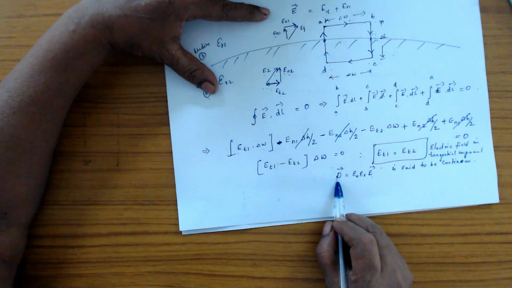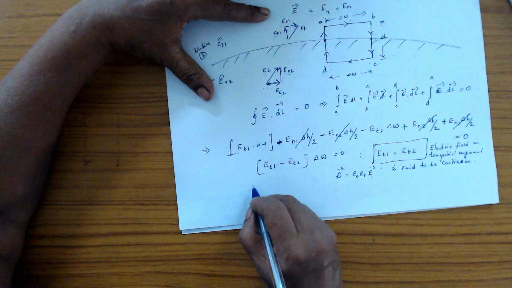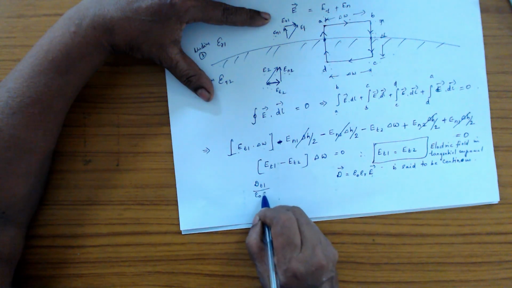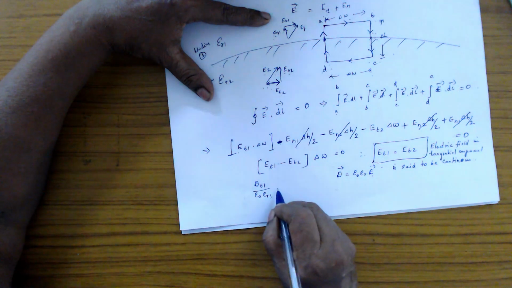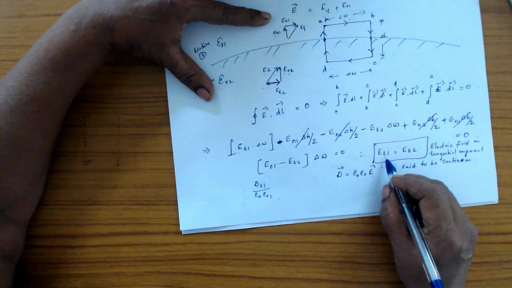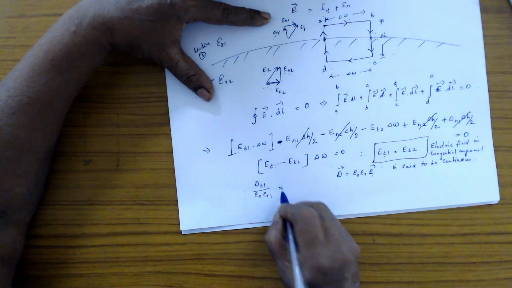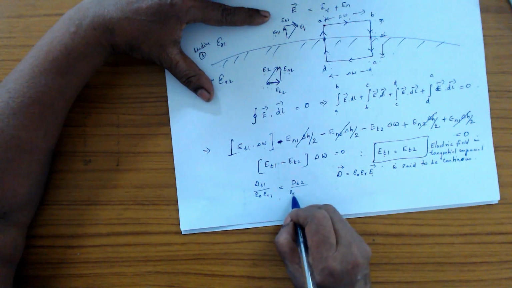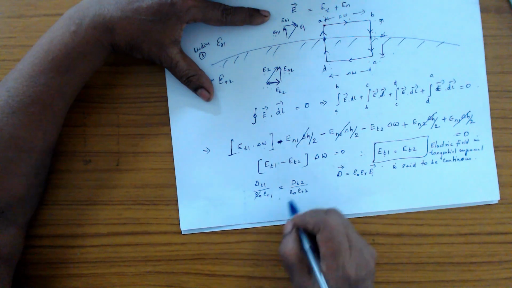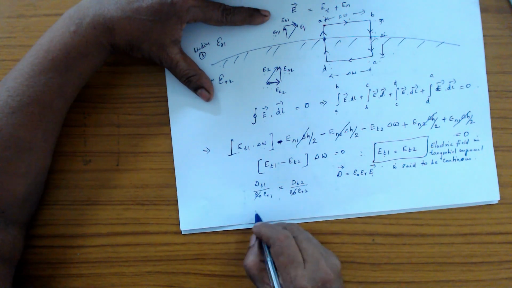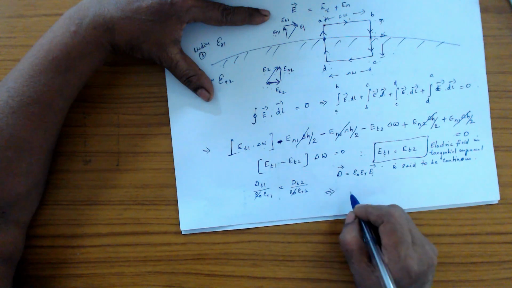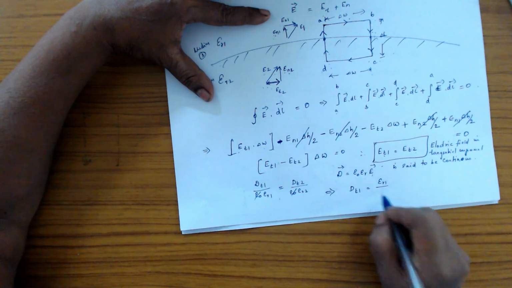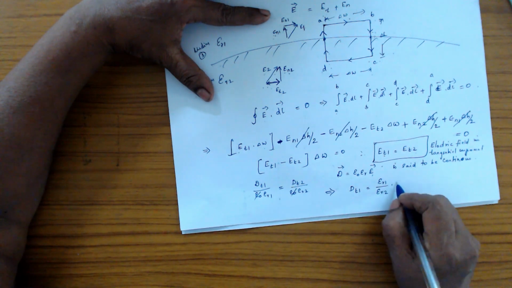ET1 means Dt1 divided by epsilon naught epsilon r1. Since ET1 is equal to ET2, this side I will have Dt2 divided by epsilon naught epsilon r2. So epsilon naught will cancel out, and Dt1 is equal to epsilon r1 divided by epsilon r2 into Dt2.